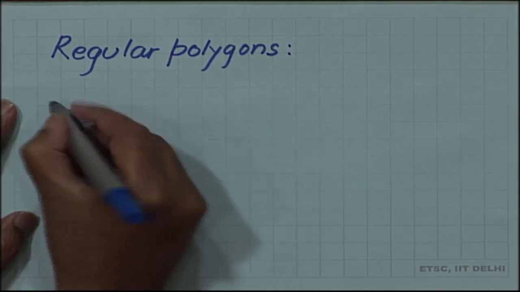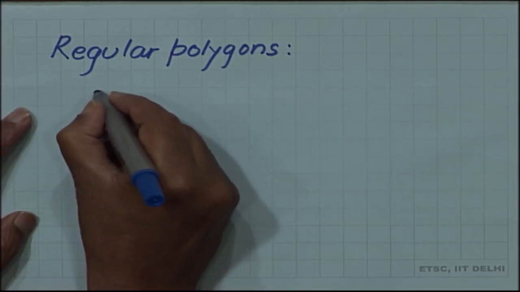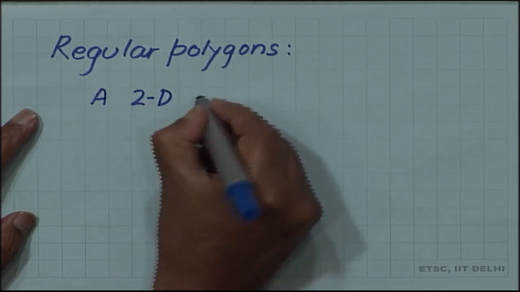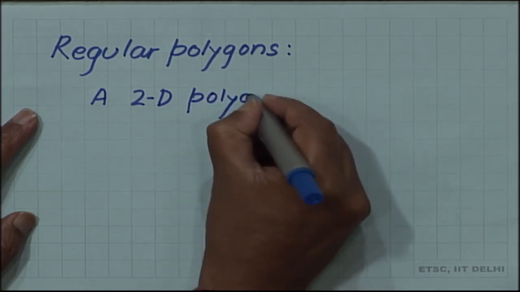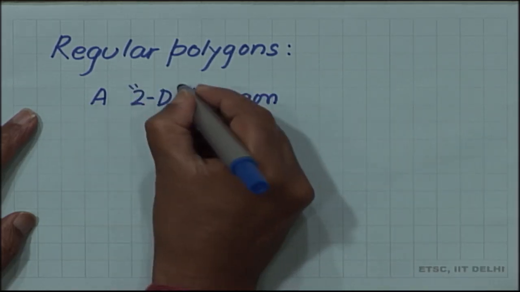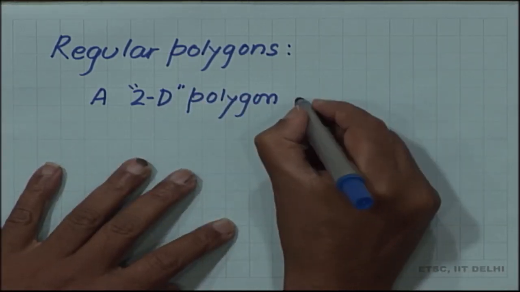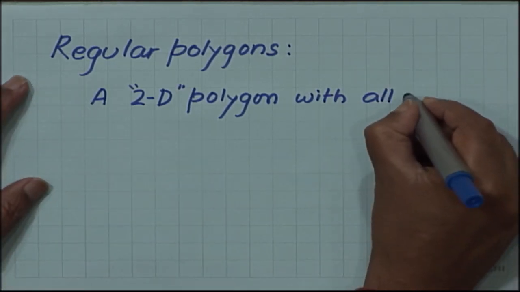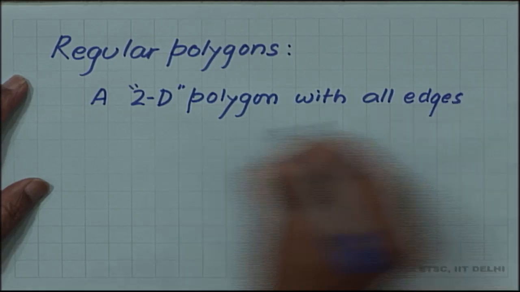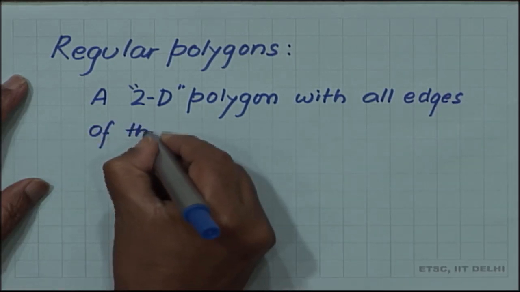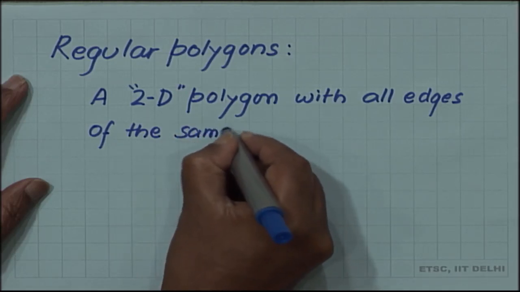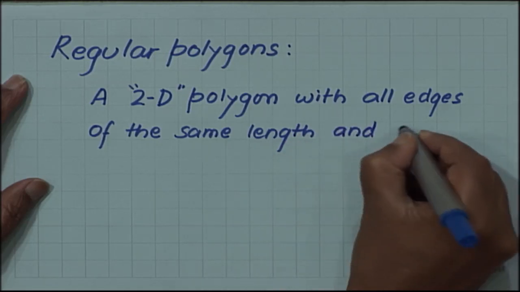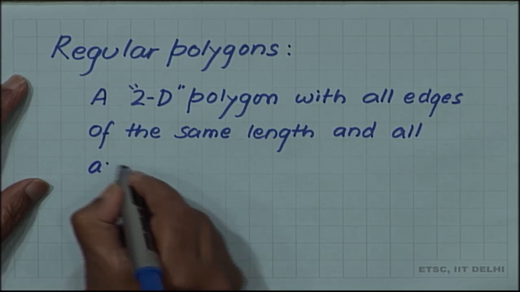Regular polygons we can define as a 2D figure, a 2-dimensional polygon, with all edges of the same length and all angles equal.